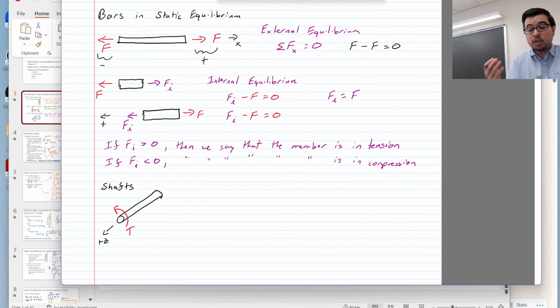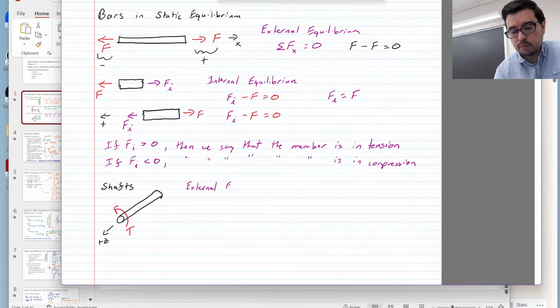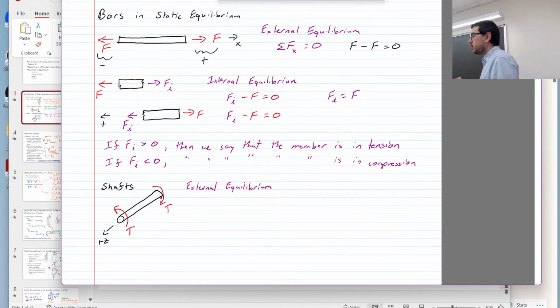And this is external. So we're doing external equilibrium again at this point. Now, this torque I'm going to put in the opposite direction, and I'll say it's the same torque, so that this thing balances out.